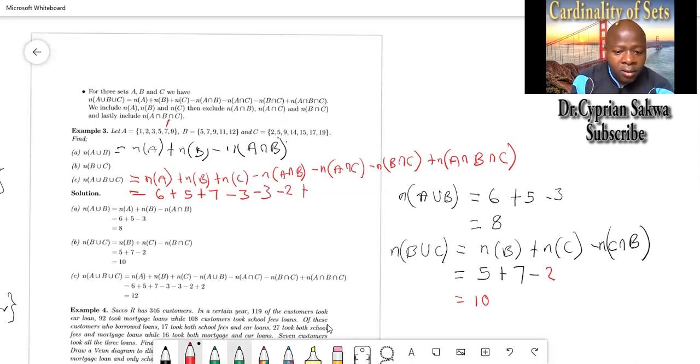No, 7 is not in all the sets. 9. 9 is in this set, it's also in this set, and then in this set. 1 is not common. 2 is not common. 3 is not common. 5 is common. So you have 5 in this set, then in this set. 7 is not common. So it only has 2.